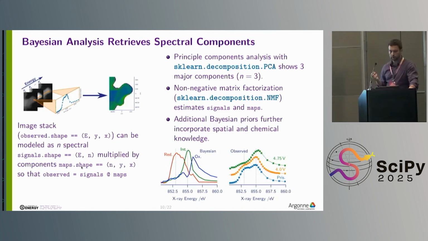And so if you put the entire data set, so energy, row, and column, into the non-negative matrix factorization, it produces a set of signals and maps that meet this criteria. So we're using non-negative matrix factorization to figure out what these signals on the bottom are that we can extract from the data.